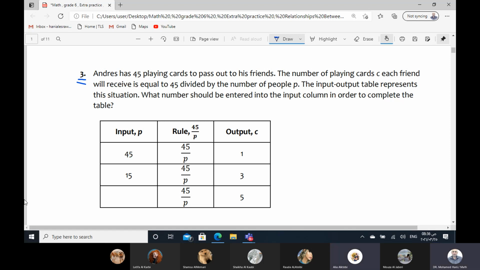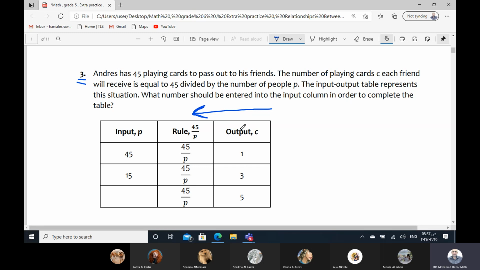Okay, thank you, Alia. As you see in this table, we have here input represent B. We have the rule 45 divided by the value of B. And we have here the output represent C. Here we want to find the input when we have the output, the opposite direction.